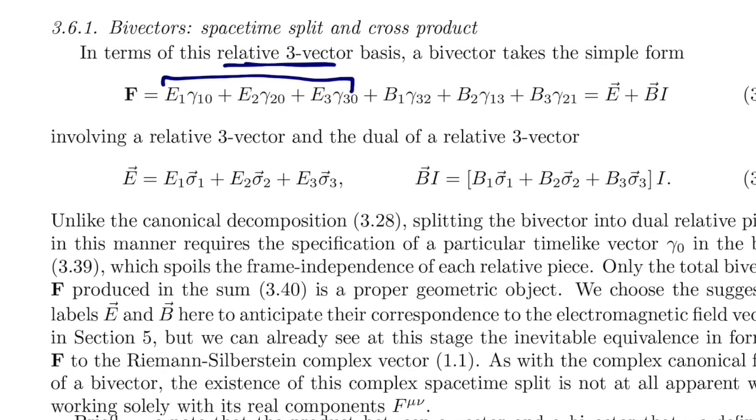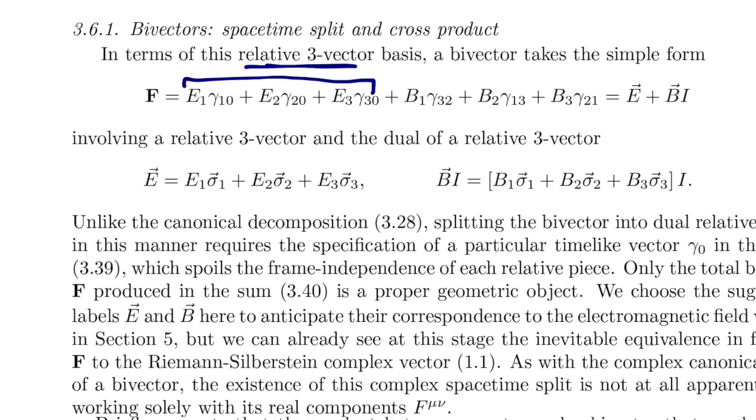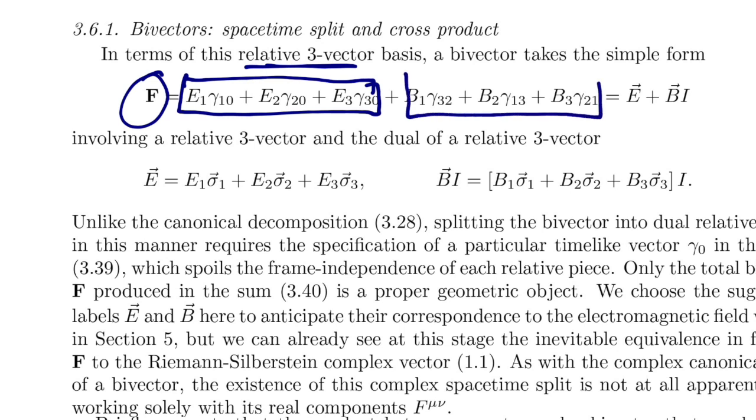And this is all foreshadowing, right? They're foreshadowing the fact that the electromagnetic field is going to be represented as a general bivector. That general bivector is going to be called F. And then they're showing that the relative 3-vector part is going to be related to the electric field. And the dual of the relative 3-vector part is going to be related to the magnetic field.